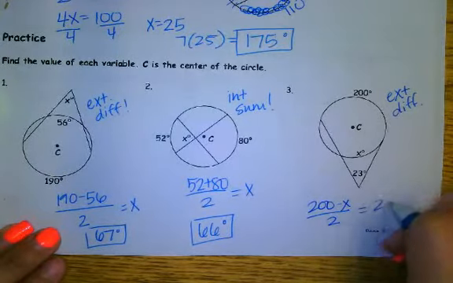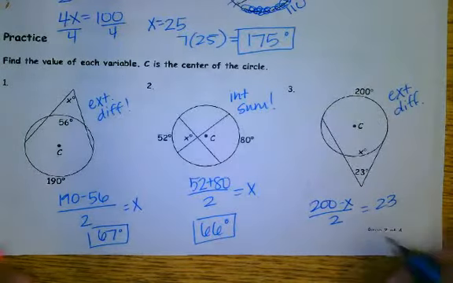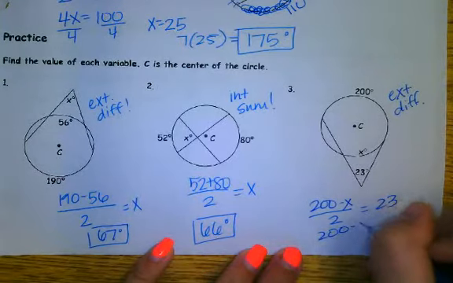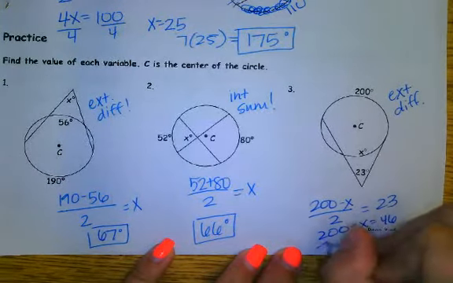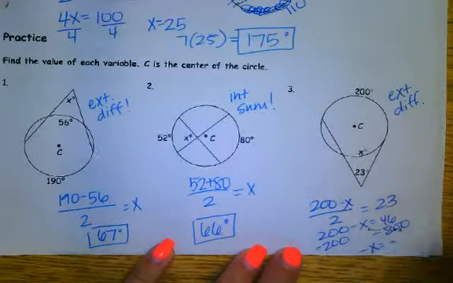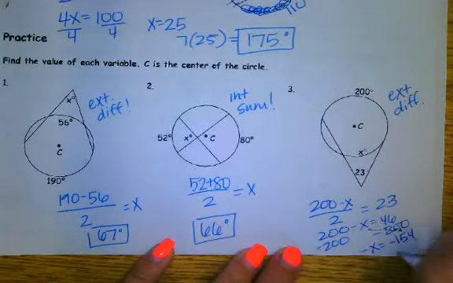Very good. So 200 minus x equals 46. I'm going to have a negative this time. We have negative x equals negative 154, and then you have to divide by that negative 1.